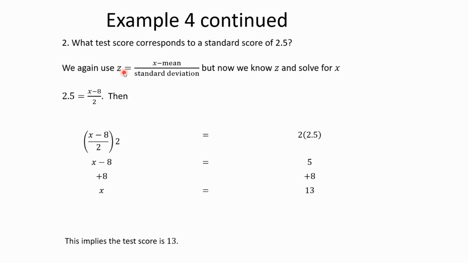So let me say it again. If somehow we knew a certain student's z-score, or standard score, is 2.5, we can determine the corresponding data value. How do we do that? We're going to use this formula, as I do here.